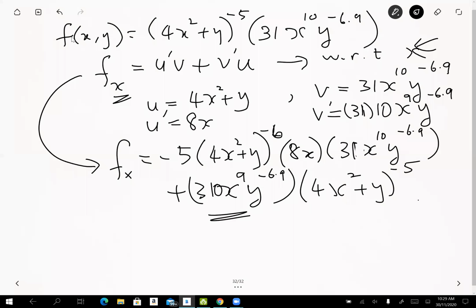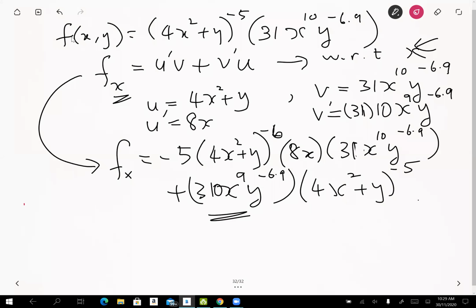All right. So it's just a matter of doing more work, okay? But the rules are the same. So now let's do the second one, fy. Now when you do the fy, again, the formula is the same: u prime v plus v prime u.